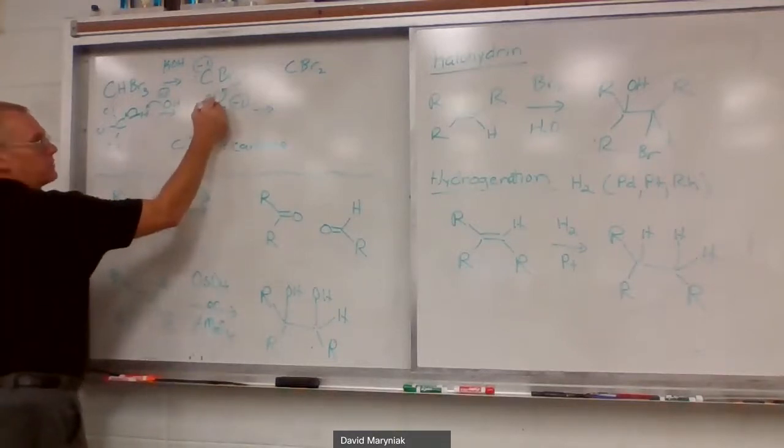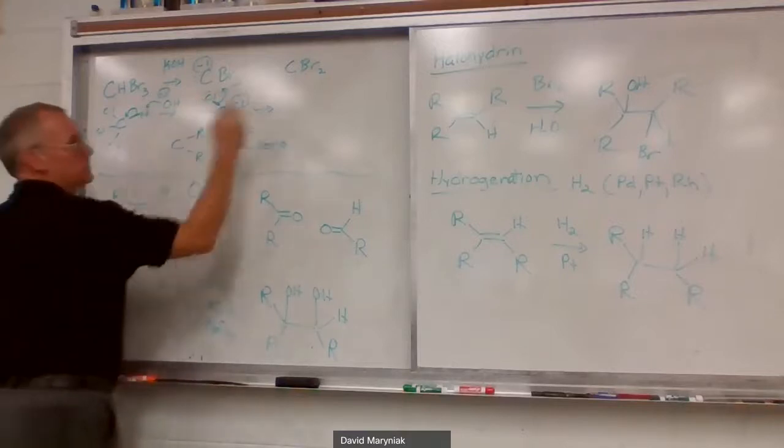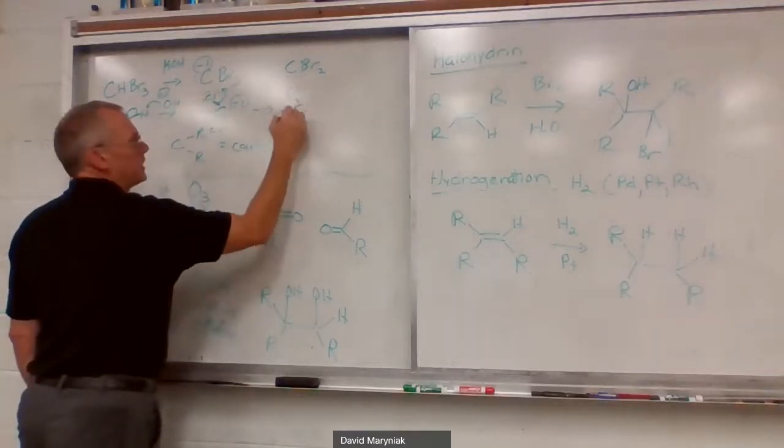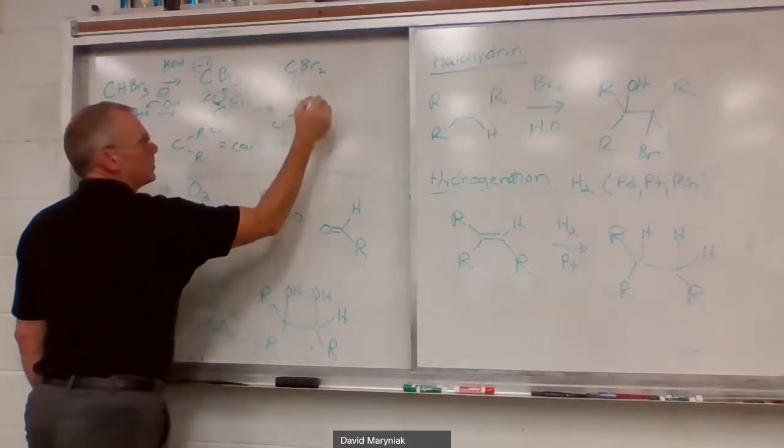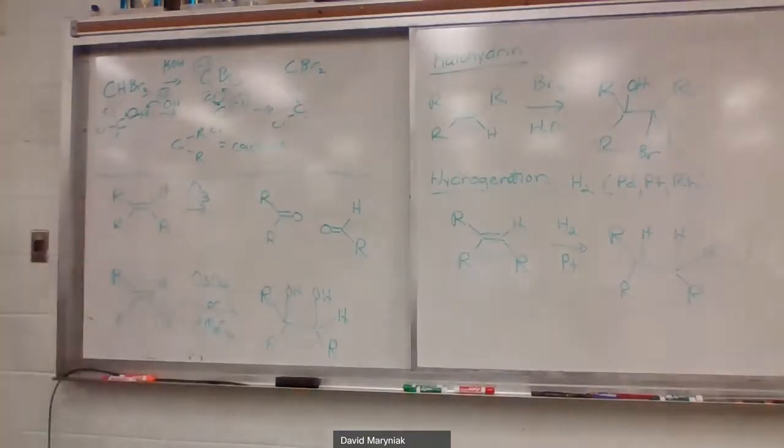And if it leaves with that pair of electrons, then do we get to that weird species, which is called a carbene. Carbenes are useful nucleophiles. So why might a carbene be a nucleophile?